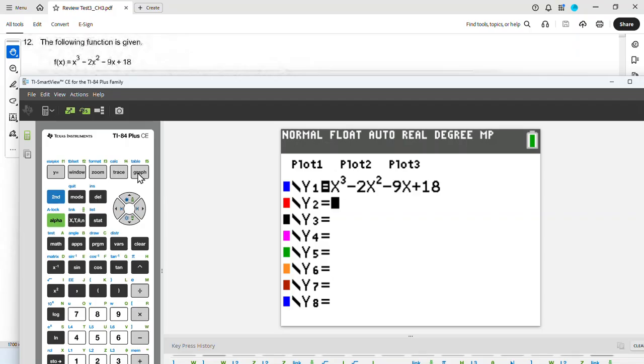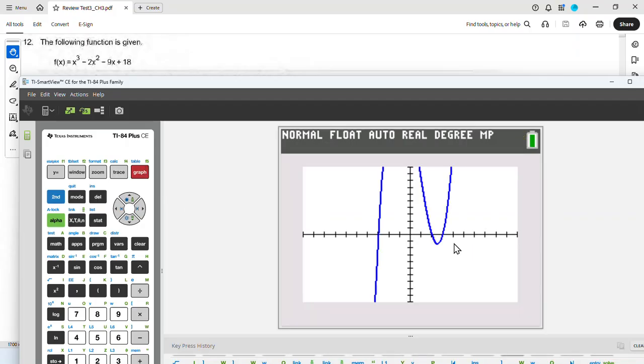All right, and then we're going to go ahead and do a little bit of graphing. Okay, so even though we don't see the top, you can see that there are 3 real zeros in here.